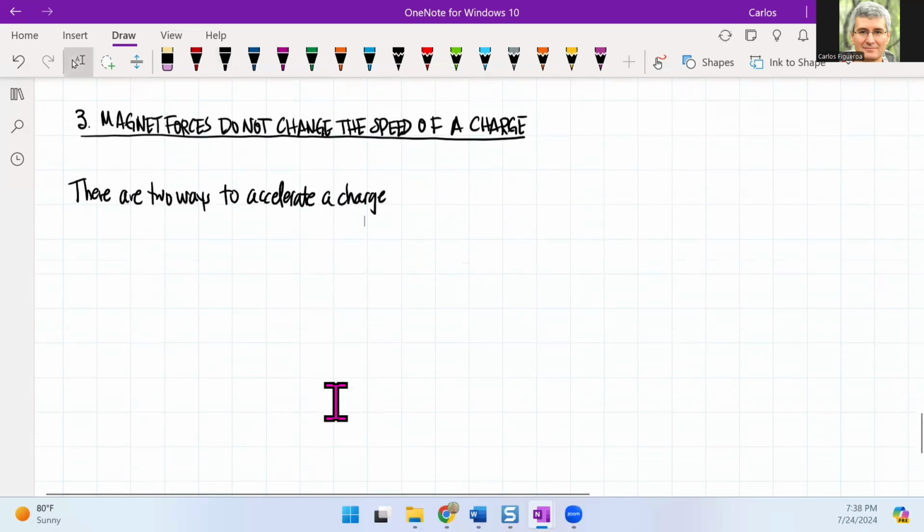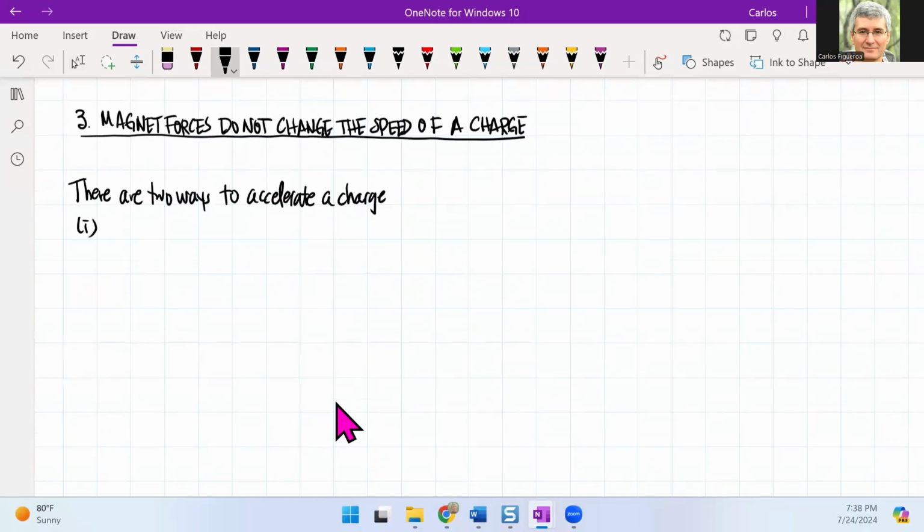One of them here is, to accelerate anything, you can change its speed while maintaining constant direction.